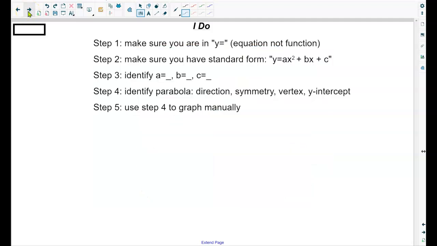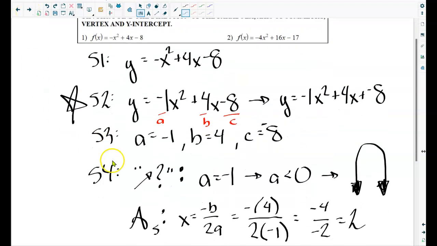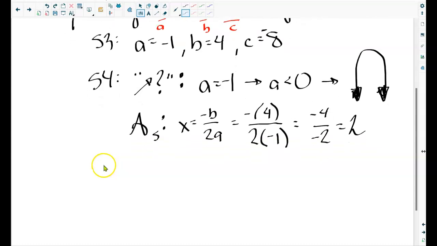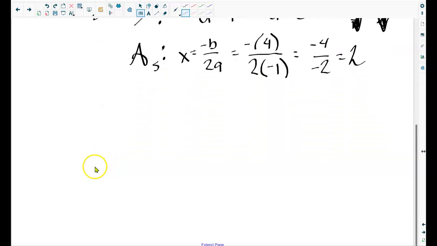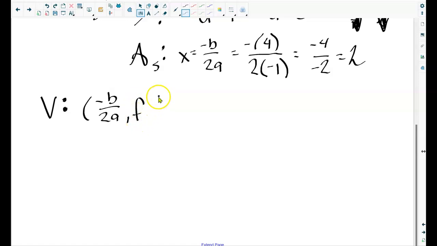Excuse me. So let's go ahead and do that. Okay, so the vertex will get some space here. Okay, the vertex is -b over 2a. This part's important, okay? This is basically the formula.